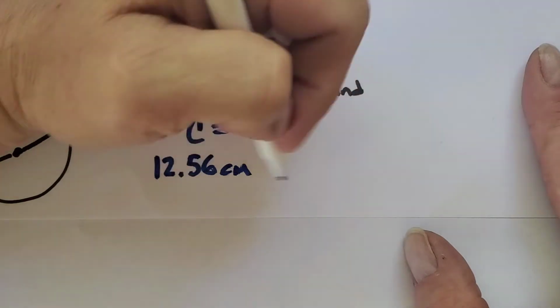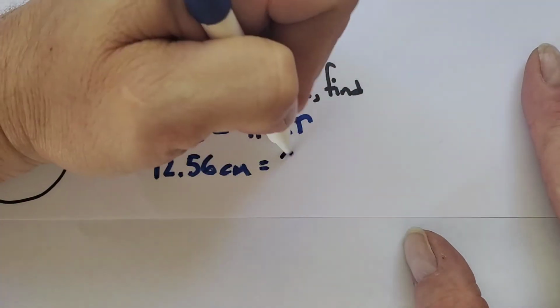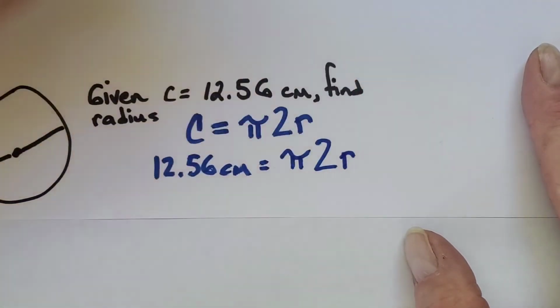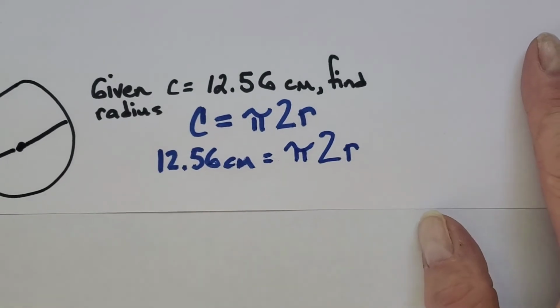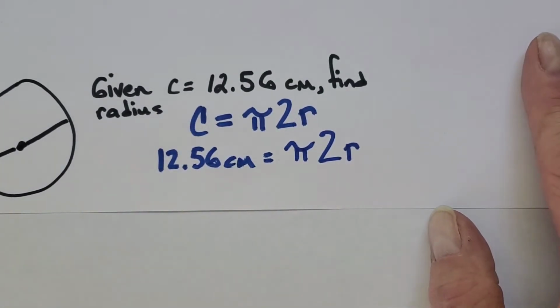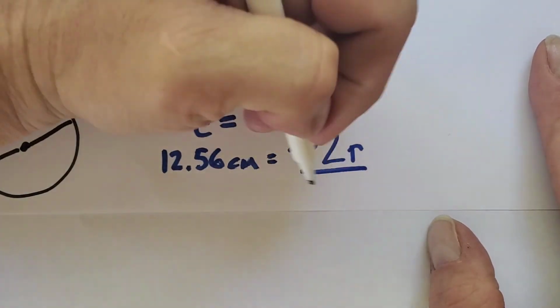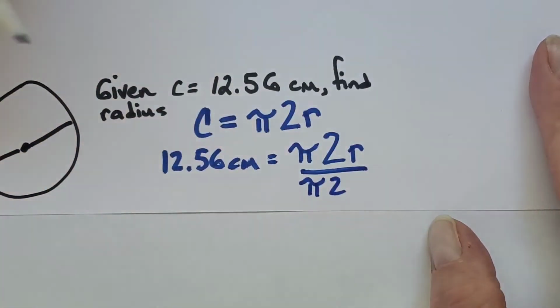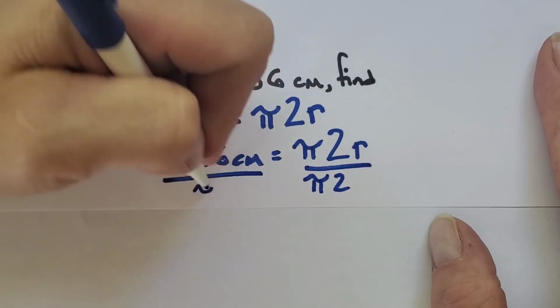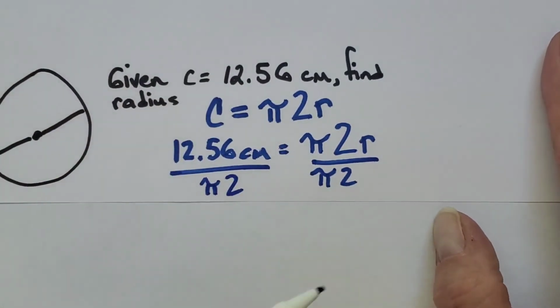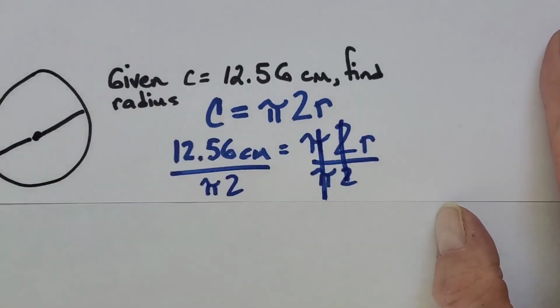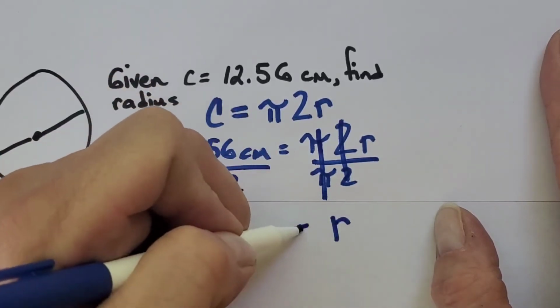I'm going to write the units, though, so I don't forget. 12.56 centimeters equals pi 2r. Now, in order to find out what the radius is, you need to get the radius by itself. In order to do that, you can divide this side by 2 pi and do the exact same thing over here, 2 pi. And what happens is you end up with r on this side.